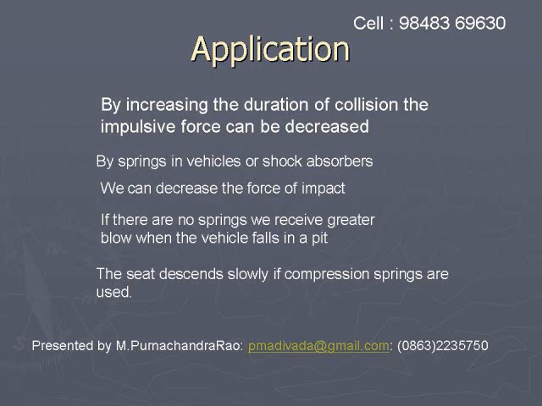It will be uncomfortable. When we use compression springs, then when the wheels fall in the pit, the seat falls slowly by compressing the springs. Hence, the time of impact will be increased, and we receive less impulsive force.